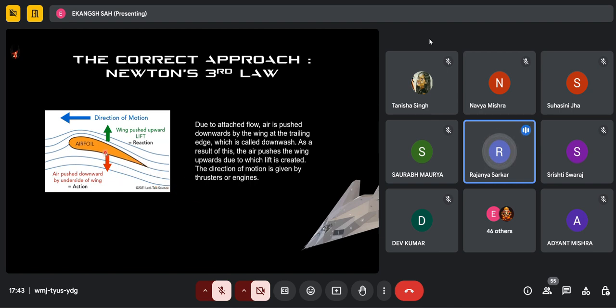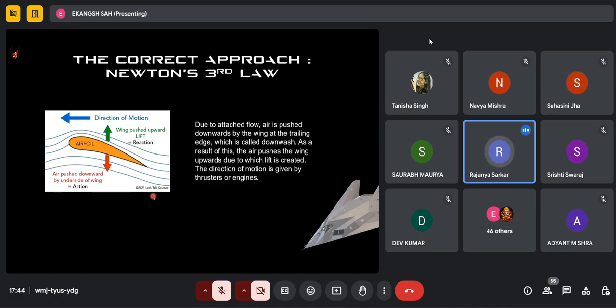That is called the downwash effect. Due to this downwash, as a reaction force, the airfoil experiences a net upward force, and this net upward force is called lift. This is how the lift is actually generated, and this is how Coanda effect and Newton's third law of motion come into play to explain the generation of lift.